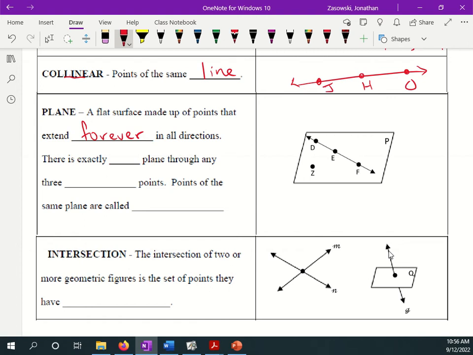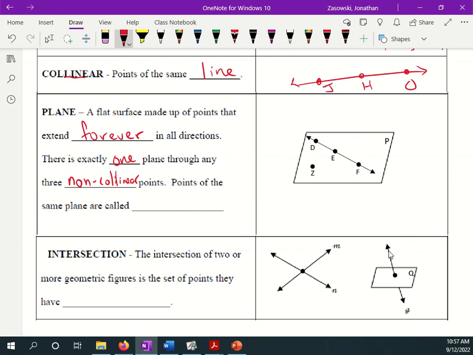There is exactly one plane that you can draw through any 3 non-collinear points. Collinear, E-A-R there at the end. Points on the same line are called collinear.